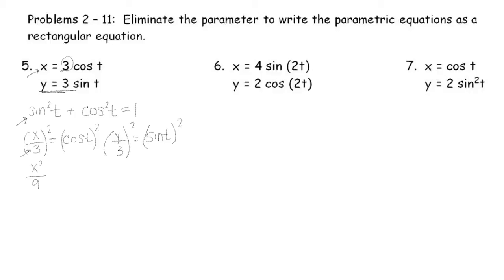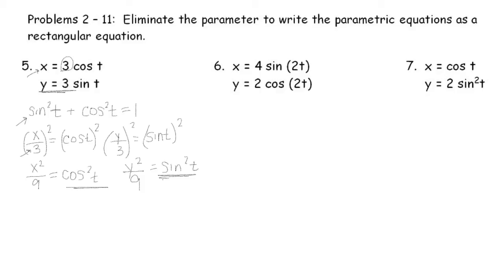And that is equal to cosine squared t. And then, same is true over here. You have y squared over 9. And again, don't forget to square that denominator. That's equal to sine squared t. Now we have specific values for sine squared and cosine squared, so we should be able to substitute those values into our trigonometric identity.